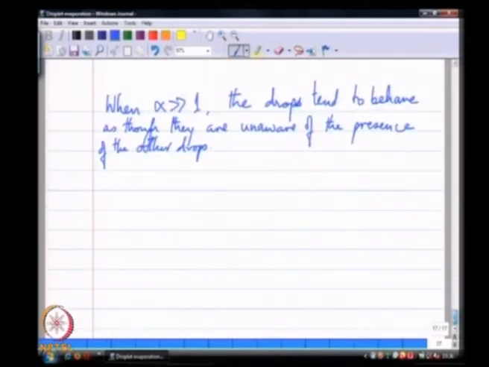Another way to think of this is, if I take an individual drop of some diameter d0, and I plot the mass fraction as a function of the radial distance, I know I am going to create an exponentially decreasing mass fraction, and I am going to assume for a moment that Y A infinity is 0.